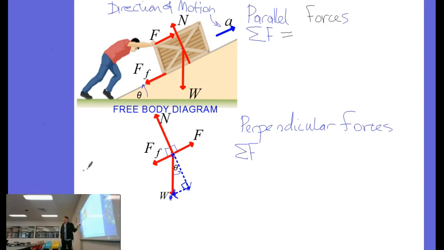Now, in thinking about direction, we got to set ourselves a little Cartesian plane or a little indicator to tell us which way is positive, which way is negative. So, would I do it like this? To indicate my direction?